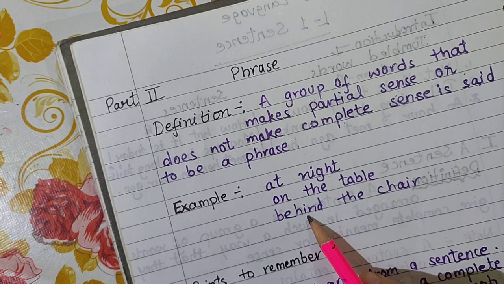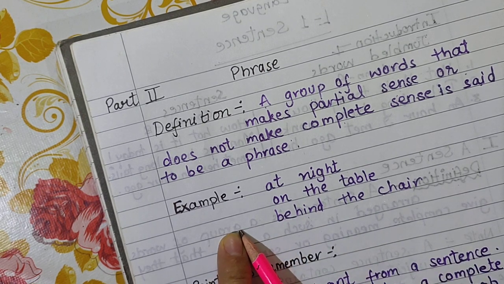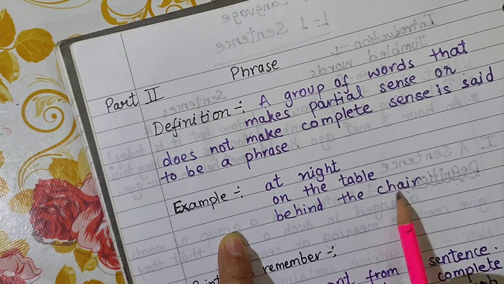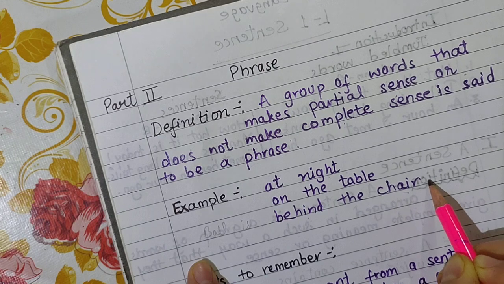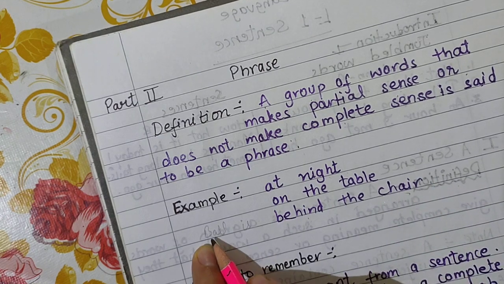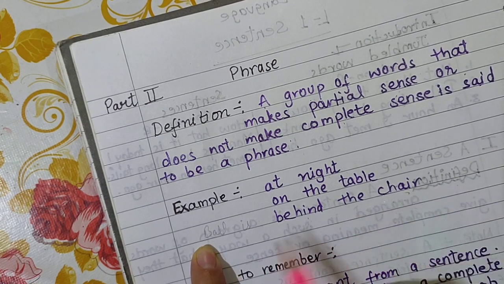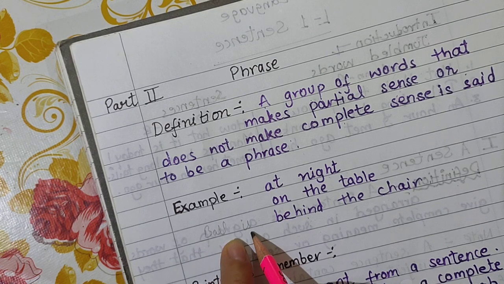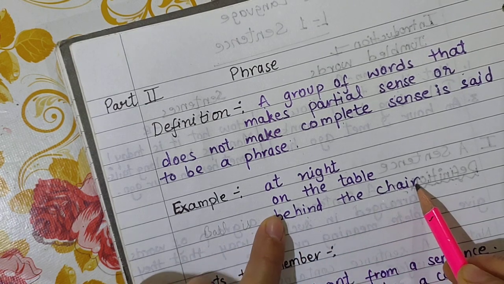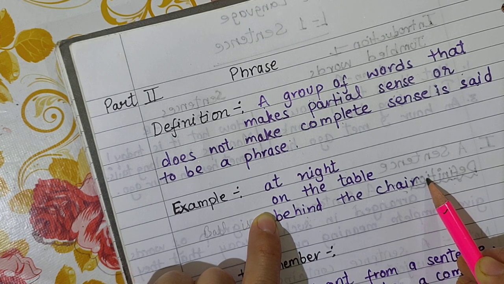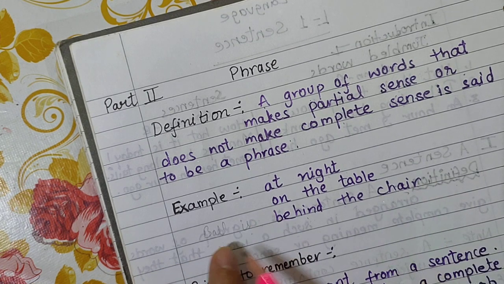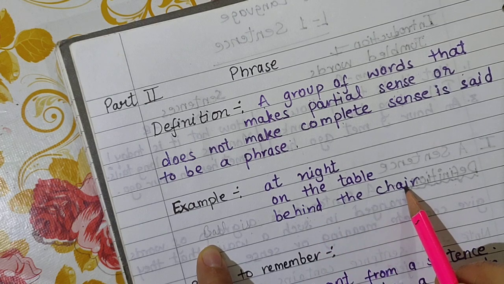When we answer what, ball is behind the chair. If I say "Ball is behind the chair," full stop, now the sentence completes. Ball is your subject, is is your verb, and behind the chair is your phrase, and then full stop. Now the sentence is complete. Now you are getting that I am talking about the ball that is behind the chair.